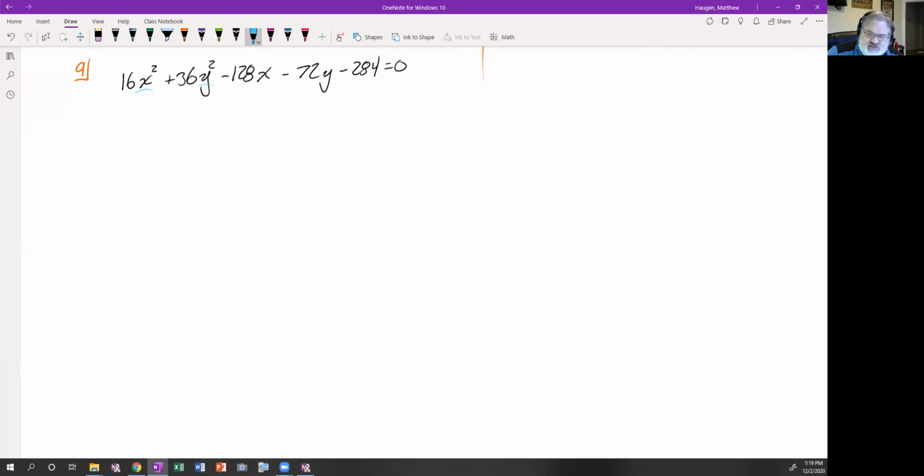So that should make us think circle-like things, right? But the coefficients are different. Because the coefficients are different, that's going to warp our circle, making it an ellipse.